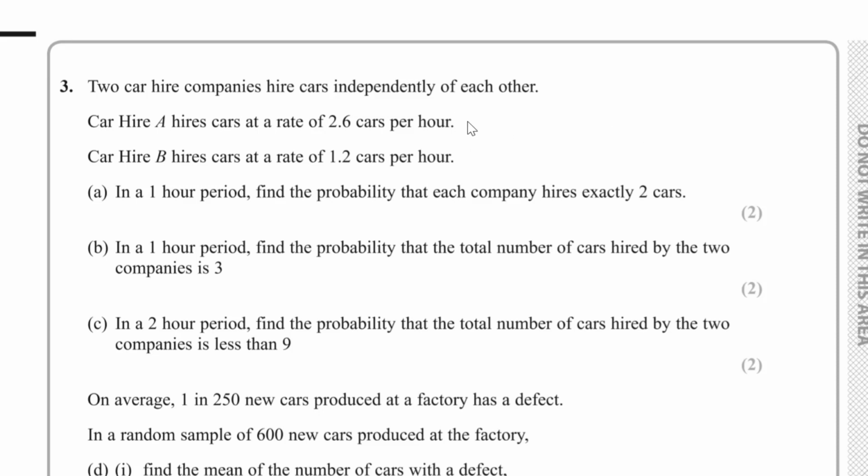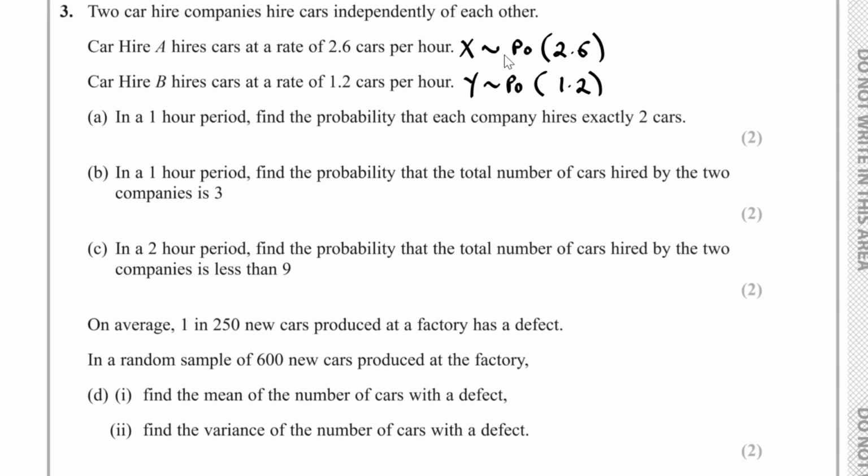Using a Poisson distribution, x has a Poisson distribution with parameter 2.6, and y has a Poisson distribution with parameter 1.2. What we're looking at is the probability that each company hires exactly 2 cars.